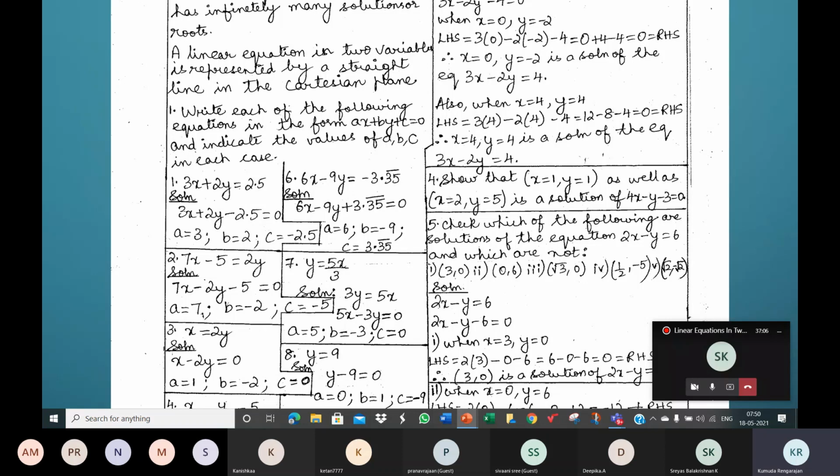And if it is 0y at the same time, 0x plus 0y, A 0, B 0, no x and y terms, then where is it a linear equation? So the condition is if A is 0, B should not be 0. Or if B is 0, A should not be 0. There should be at least one variable X or Y there.